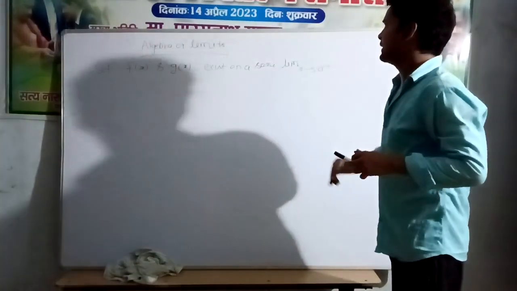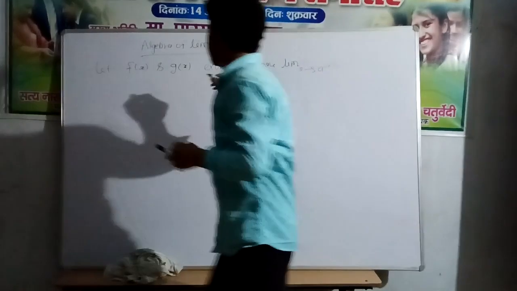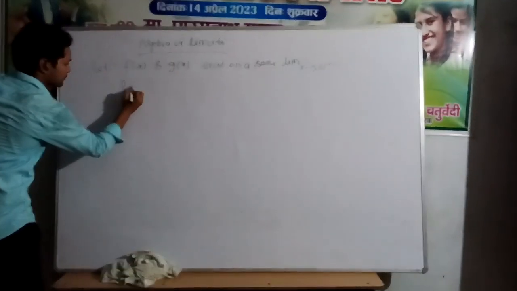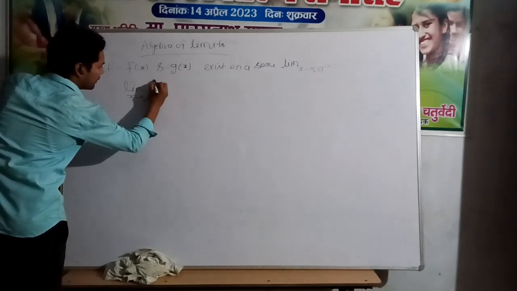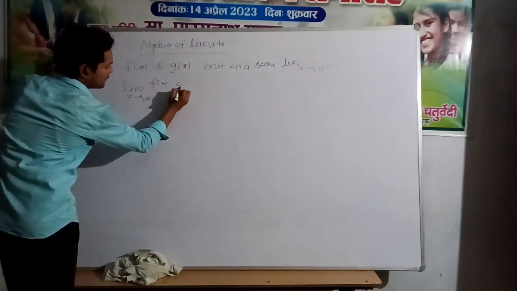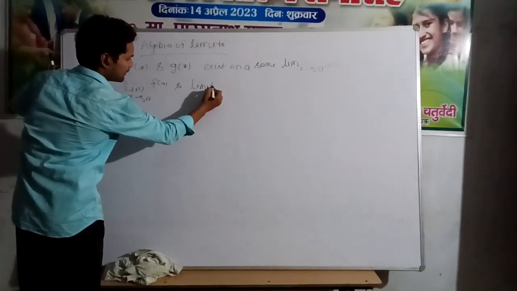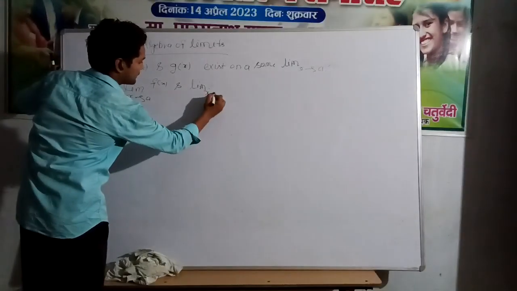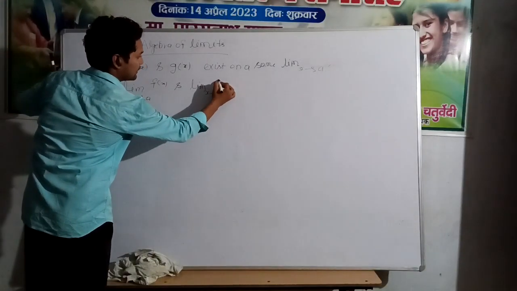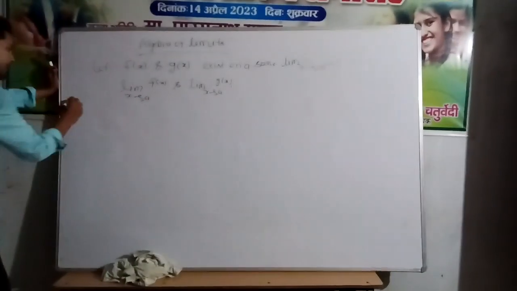Table 1 represents in the simple way the limit x tending to a of f(x) and the limit x tending to a of g(x).